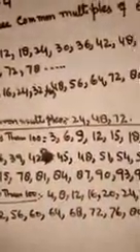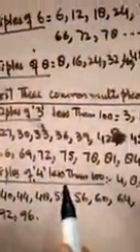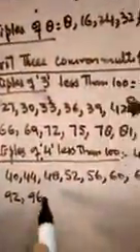Then the second question, that is question number 4 of the book, where we have to write all the multiples of 3 which are less than 100. Here are the multiples of 3 which are less than 100, they are up to 99, and also the multiples of 4 which are also less than 100, that go up to 96.